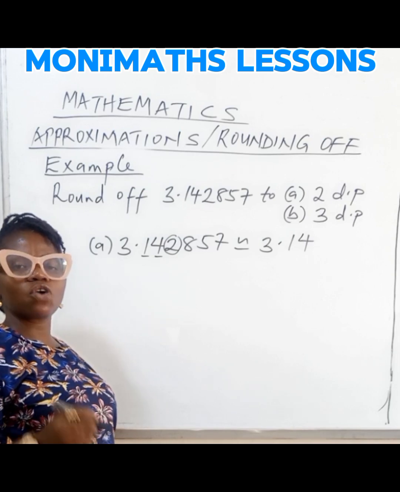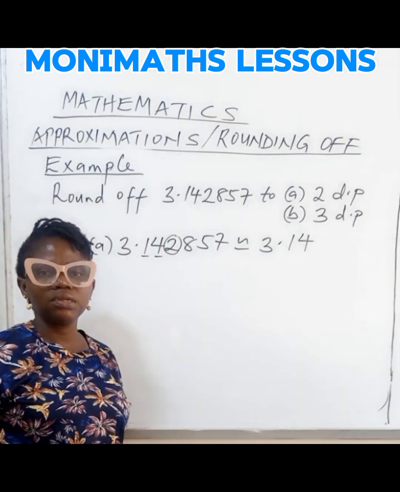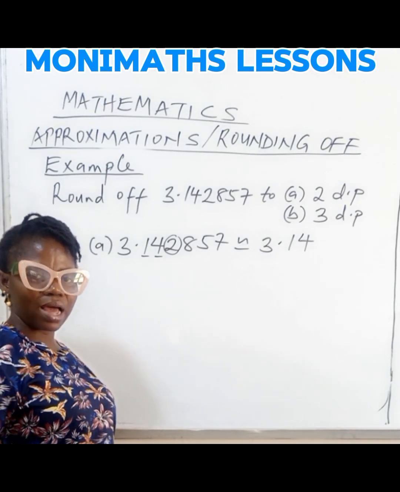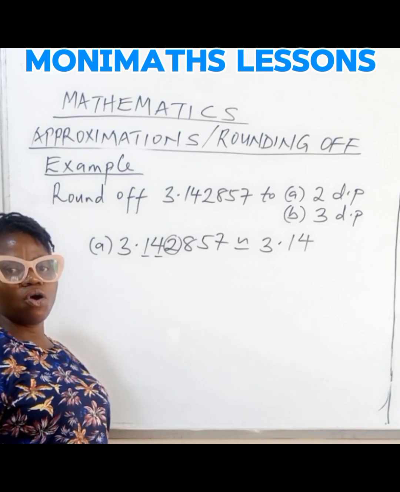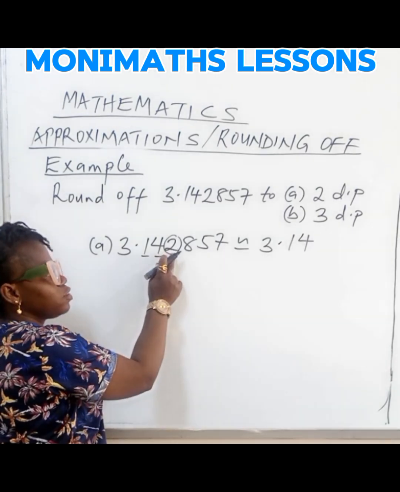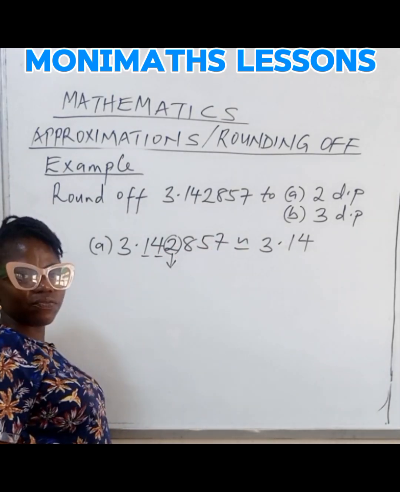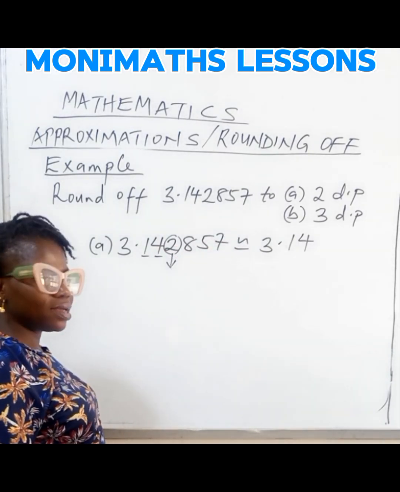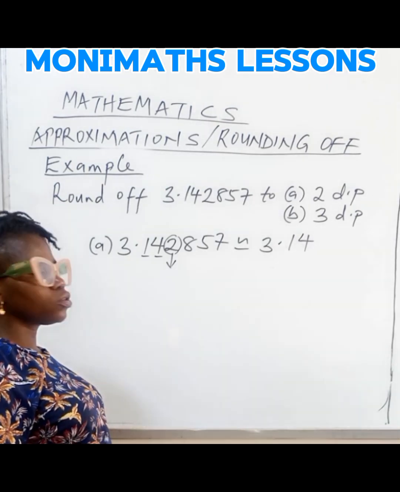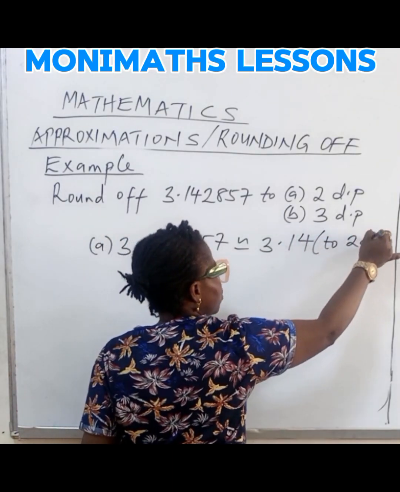If that digit is up to 5, it will be rounded up upon the second decimal place. If it is less than 5, it will be rounded down as insignificant upon the approximation. In this case, this is 8, not 2.